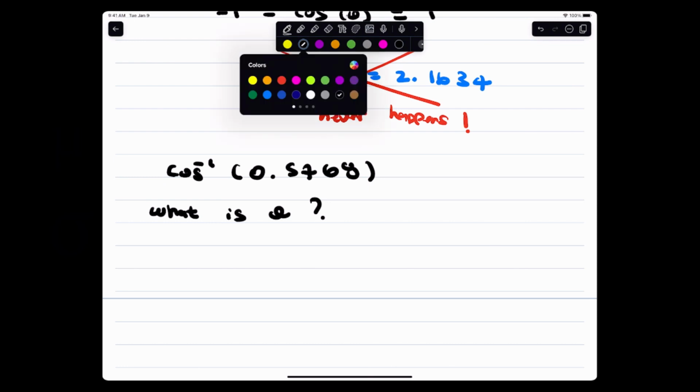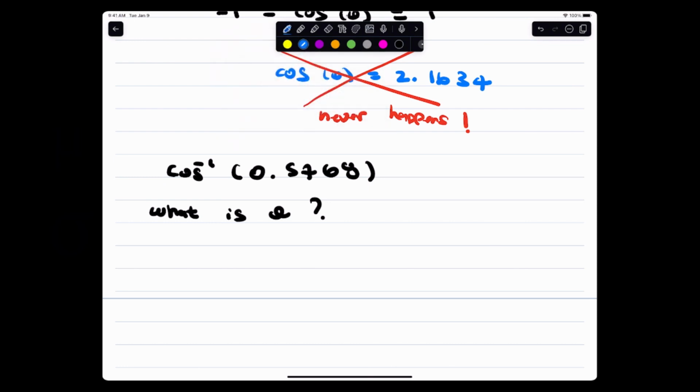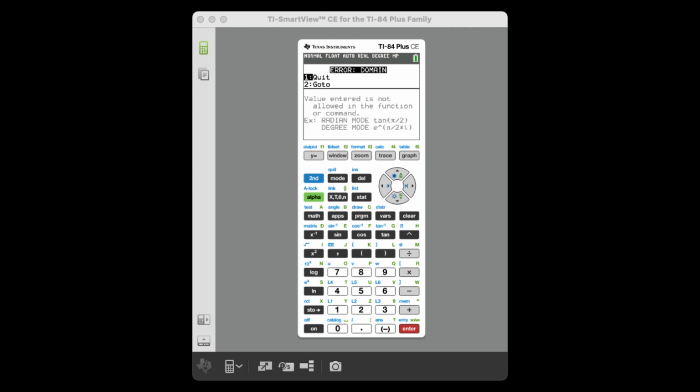Okay? Well, we can say here theta equals the inverse cosine of 0.5768, which you guys will see, you'll get an answer now in your calculator.